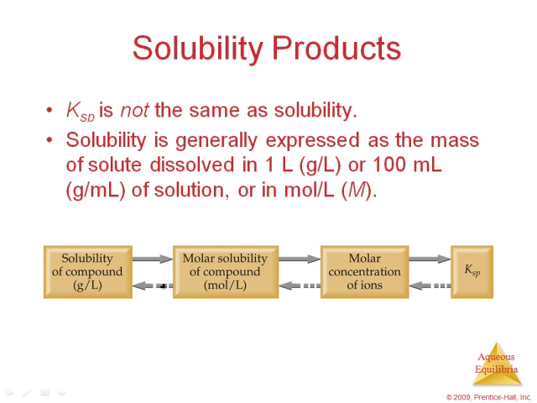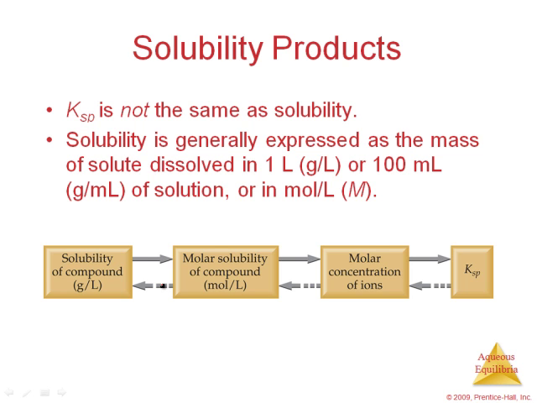Solubility just means how much you had and how much water you used. Like if you had 10 grams of sodium chloride and dissolved it in 1 liter of water, you can write that the solubility is 10 grams per liter. So it can vary from person to person, based on how much solute and how much volume you use, right?